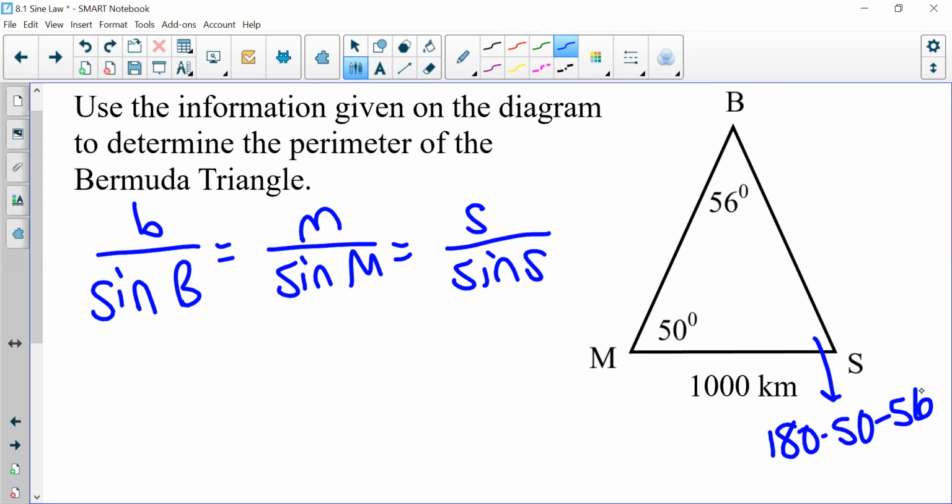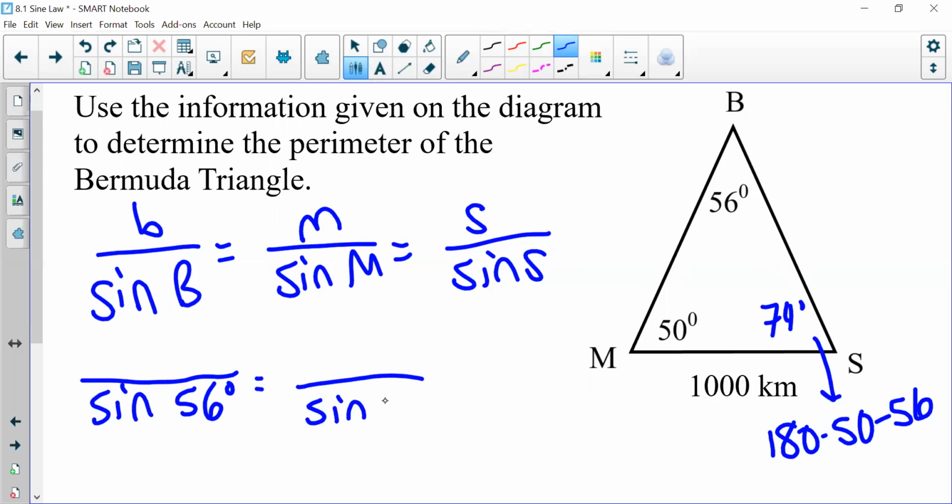Okay, good. So angle S, what do we have that to be? Angle S is 74. So I have all three angles, right? So I'm going to fill them in here. Angle B is 56, M is 50, and S is 74. Okay, what else do I know?